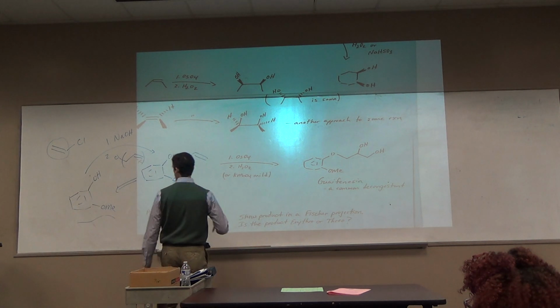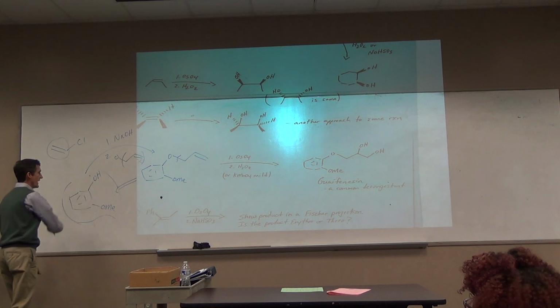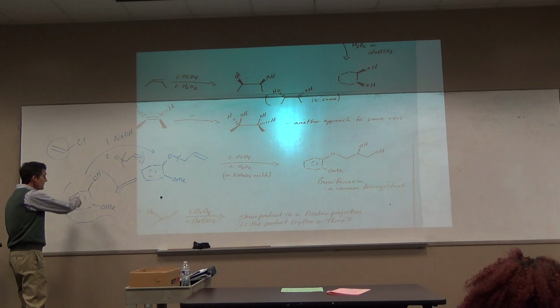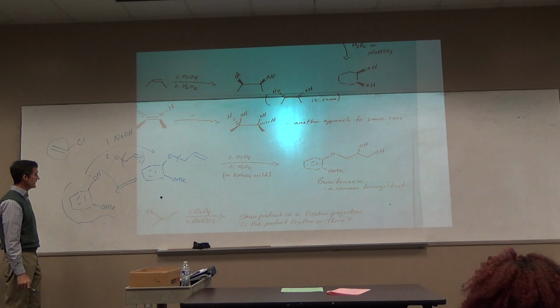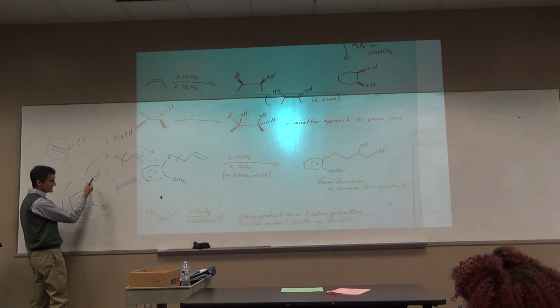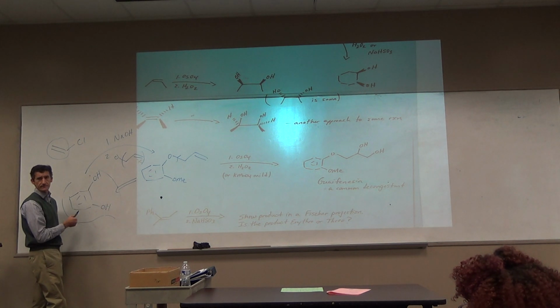Where this is probably, you're just going to buy that. I mean, you start with something. And how is that made? Well, there's a lot of things that are made commercially by very strange methods that are beyond the scope of our class, because there's lots of chemistry out there. This may also be a natural product, maybe. Or it may come from the diol here, and they just selectively monomethylate it.